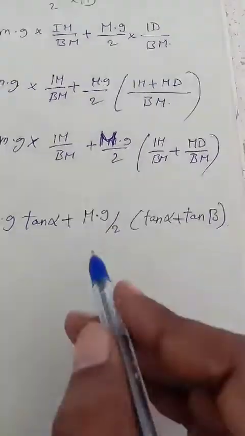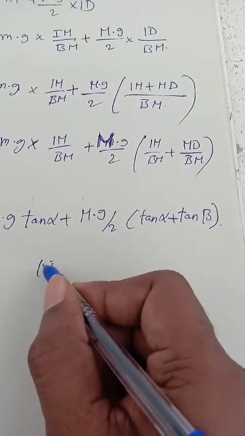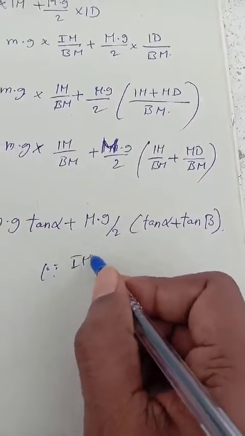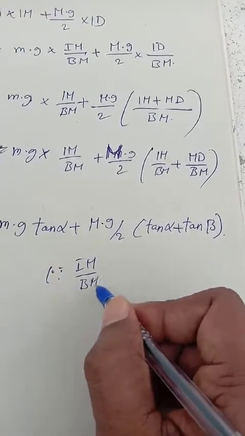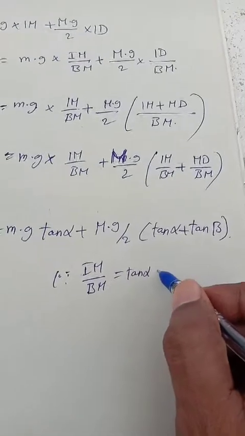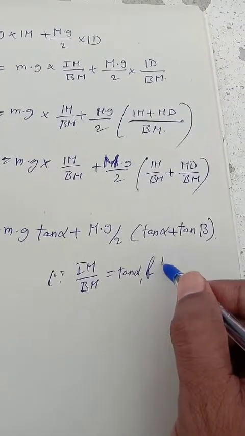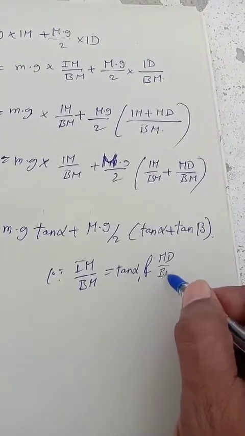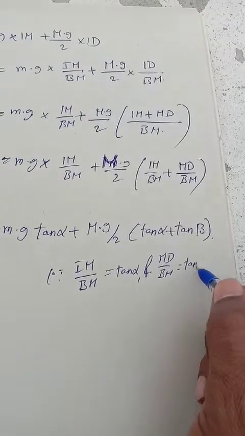I can write this thing. To give a clear idea, IM by BM is equal to tan alpha and ID by BM is equal to tan beta.